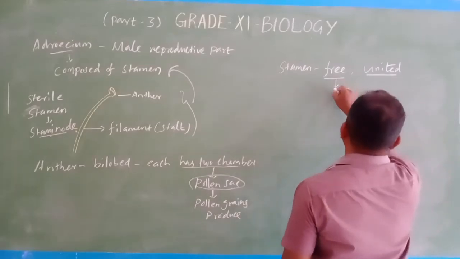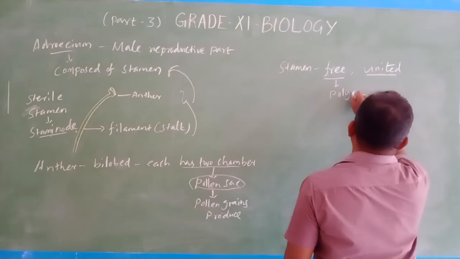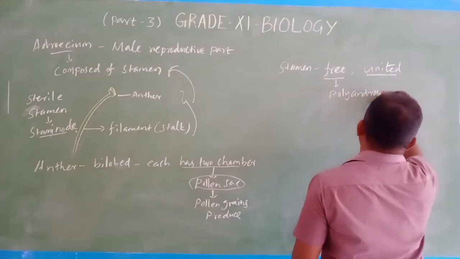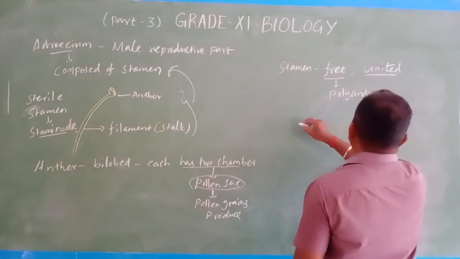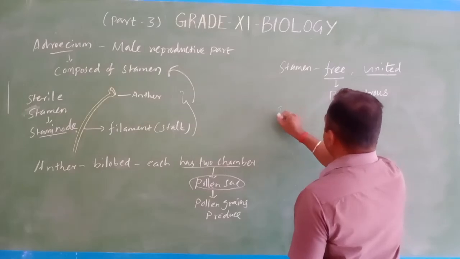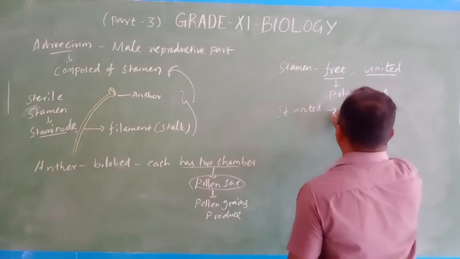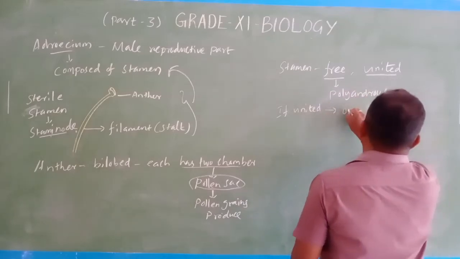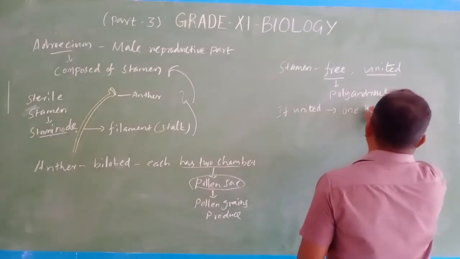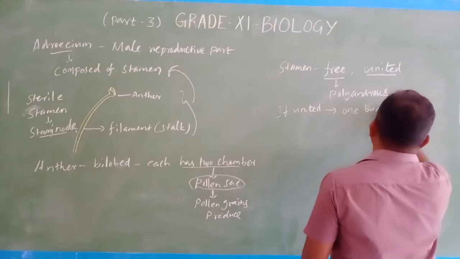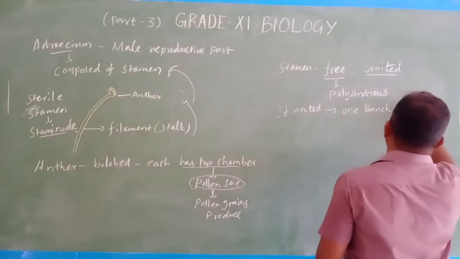The free condition is polyandrous. If it is united, there we have one bunch or one bundle.